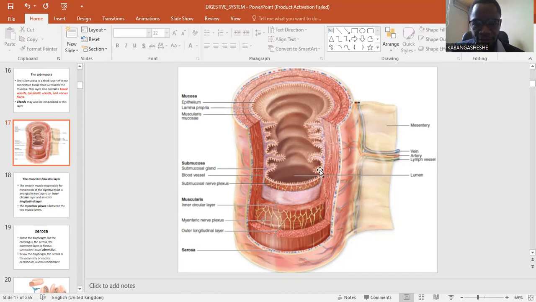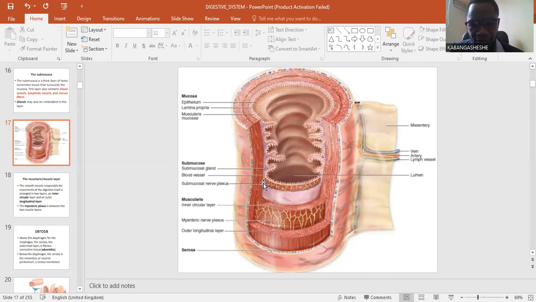Now, after submucosa, what we have are the two layers of muscle. That is the inner circular going around, then the outer longitudinal muscle. Then the outer covering, again, is another loose connective tissue, which we're now referring to as adventitia or serosa. In addition to that, in the submucosa, apart from having a high supply of blood vessels, we find that there are also nerves.